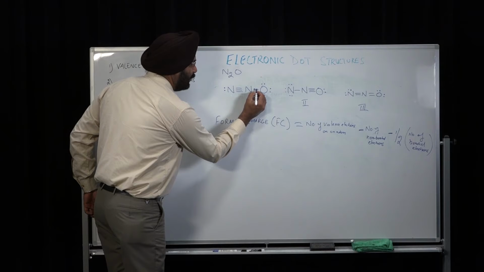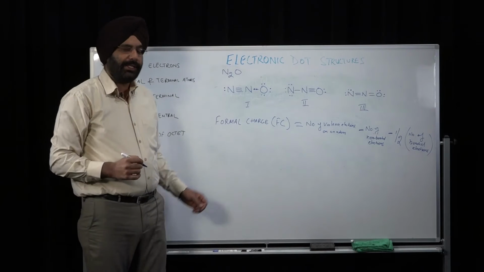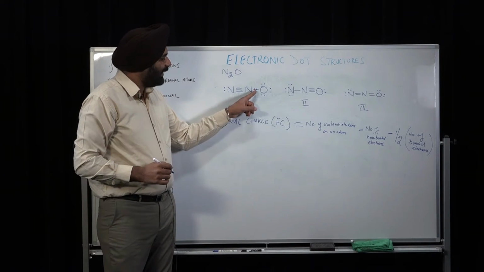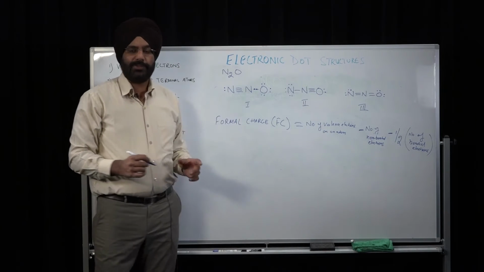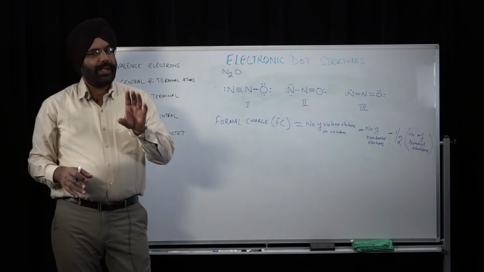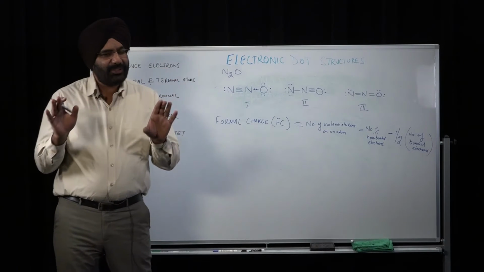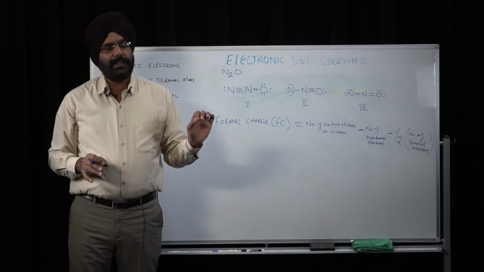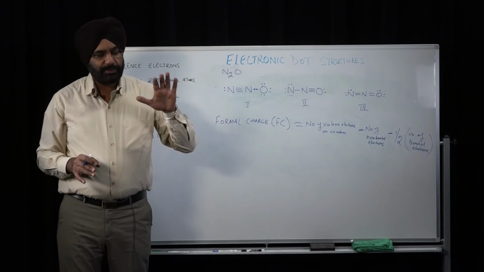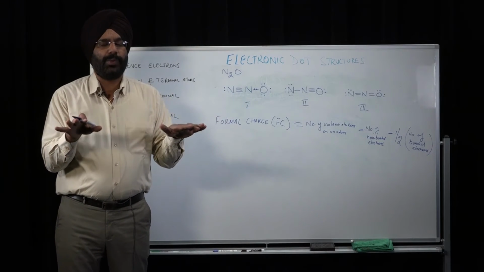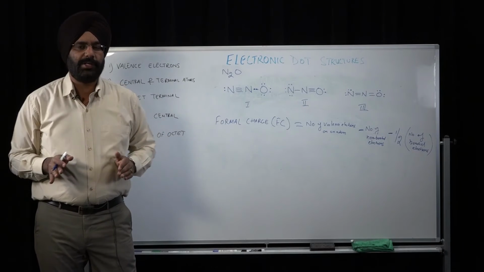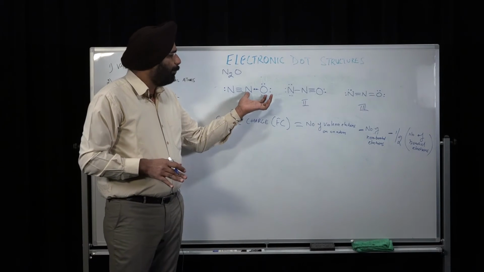So I'll show these two electrons in there, right? One of the electrons is coming from nitrogen, the other electron is coming from oxygen. It's as simple as that. Whenever there is a covalent bond, one atom contributes, say for example, 1 electron, the other atom will also contribute 1 electron. So there is an equal contribution from both.